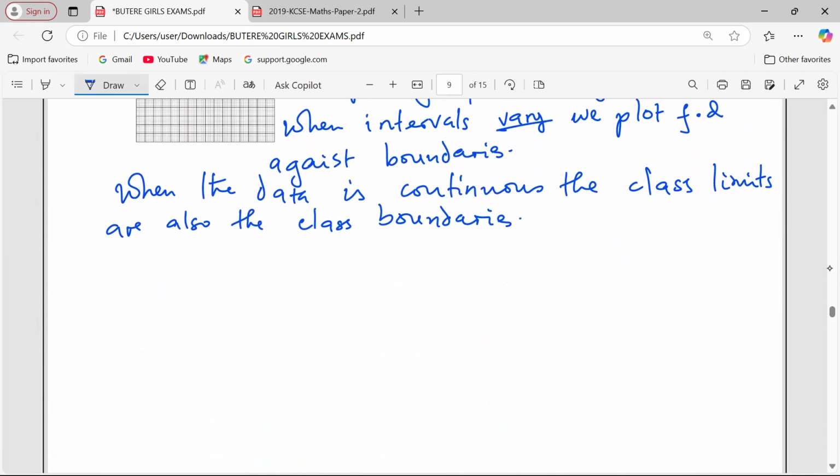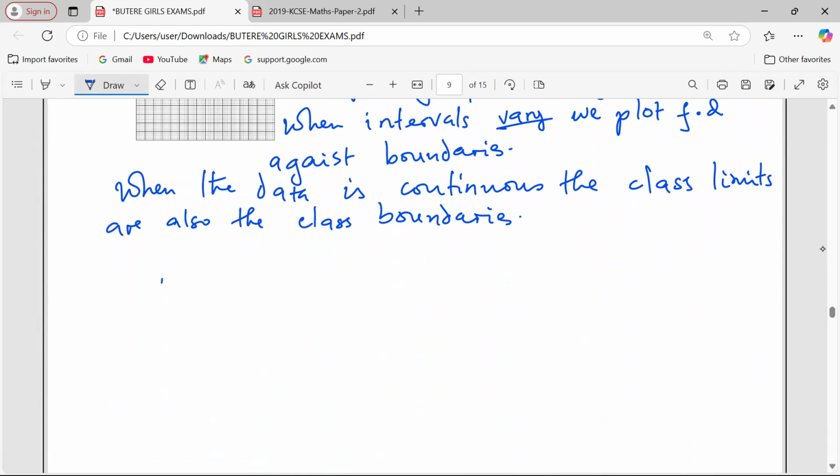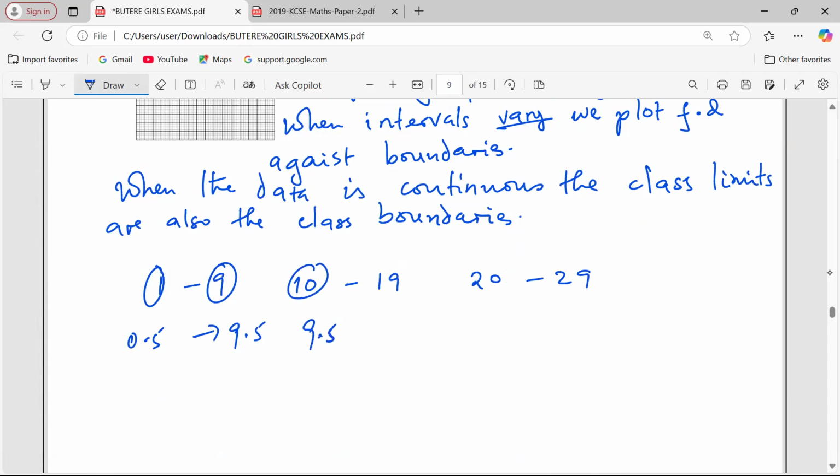As opposed to a class which could have been, let's say, 1 to 9, then 10 to 19, then 20 to 29, such a class. You see, we have a limit of 1 and 9, but the boundaries will be 0.5 all the way to 9.5. Here, we start from 9.5 all the way to 19.5, that way.